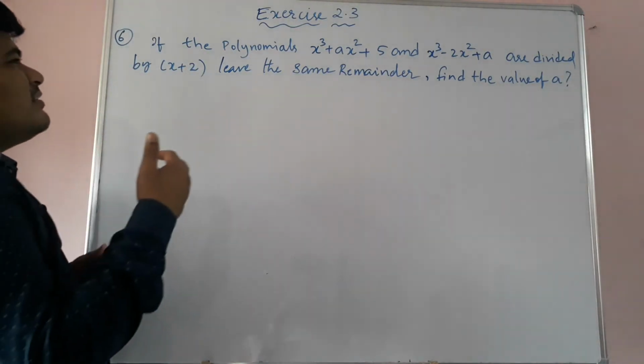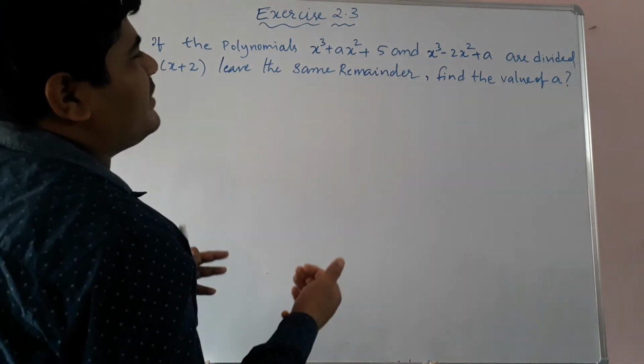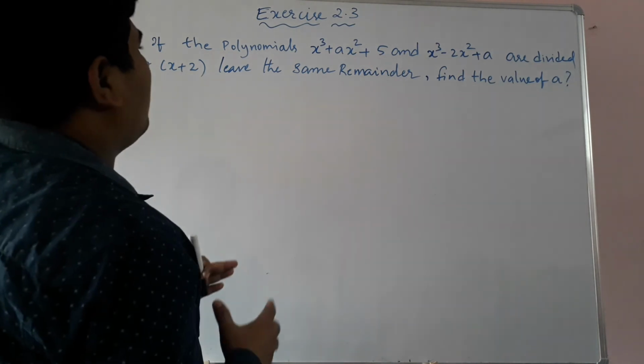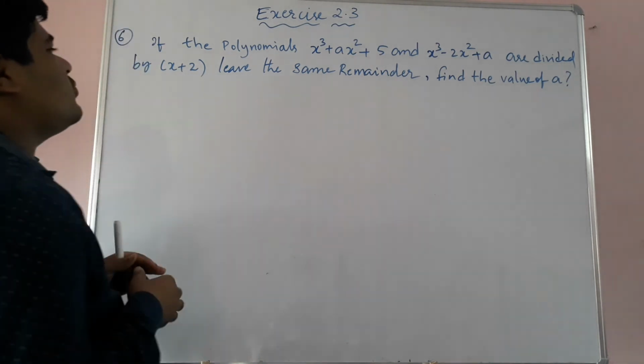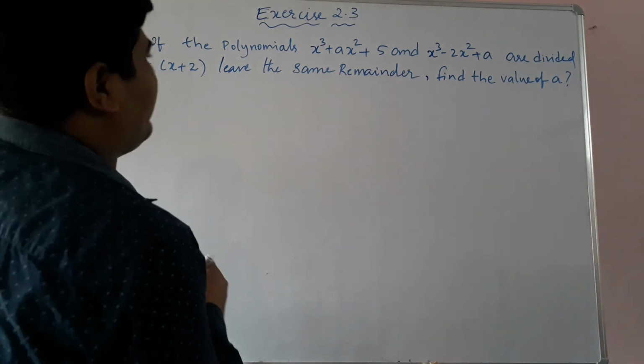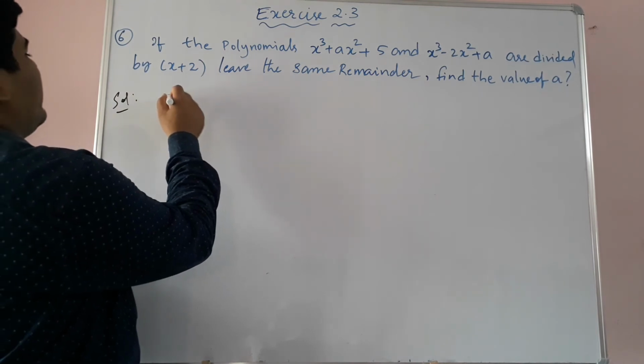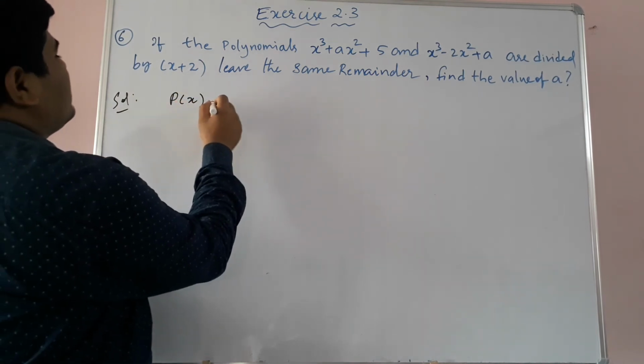If the polynomials x cube plus ax square plus 5 and x cube minus 2x square plus a are divided by x plus 2 and leave the same remainder, find the value of a. So children, take the given polynomials as p of x and h of x.